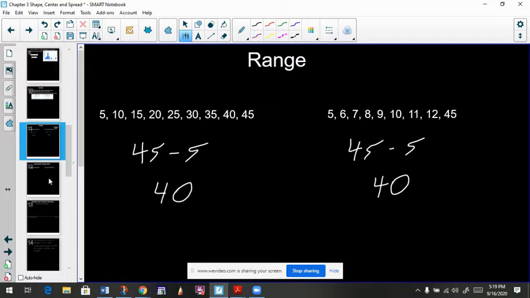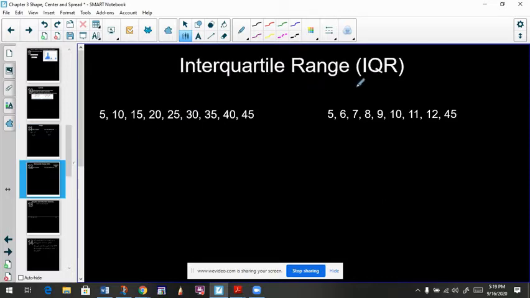A better version is interquartile range, IQR. As the formula said, it's going to be upper quartile minus lower quartile. So I'm going to split this into 2 on our screen. We have 2 separate data sets. And here's how we find quartile 1, the lower quartile, and quartile 3, the upper quartile.